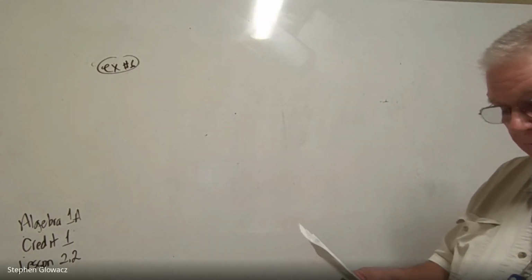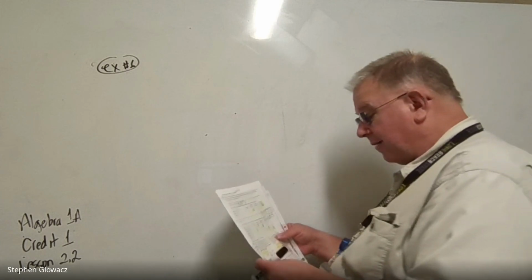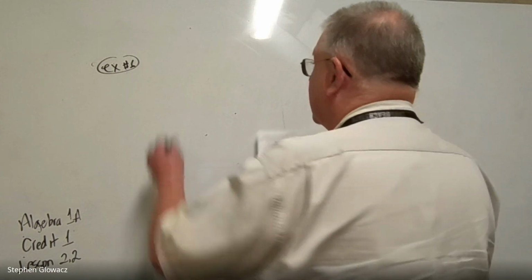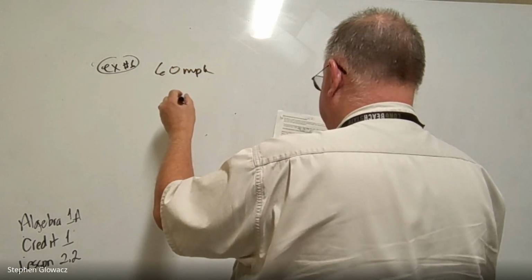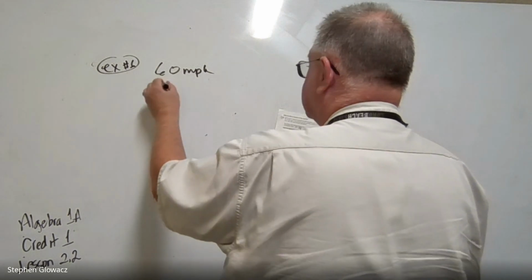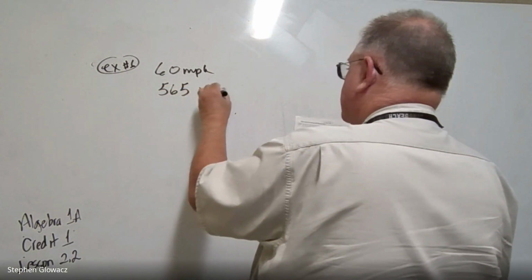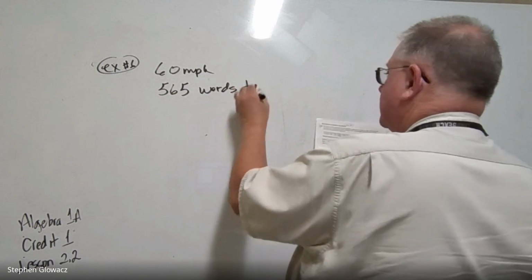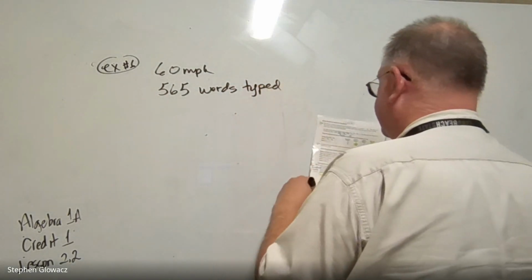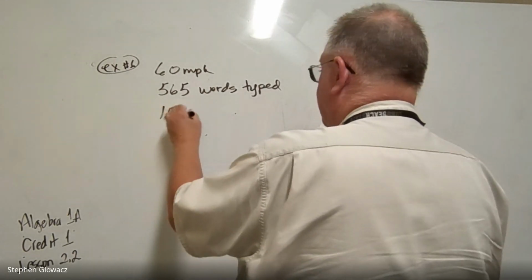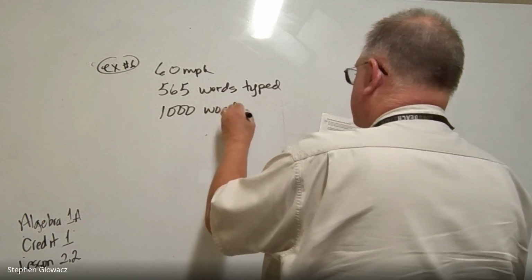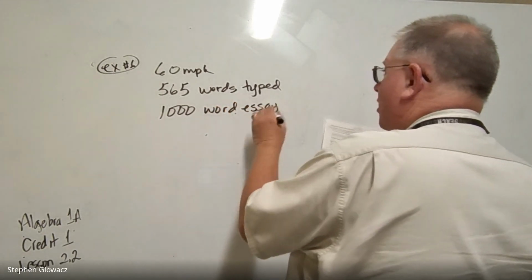All right, so in our example, we're going to have this. Brian is going to type 60 words per minute, and he already has 565 words typed. And what else do we have here? And it is a 1,000-word essay. All right.